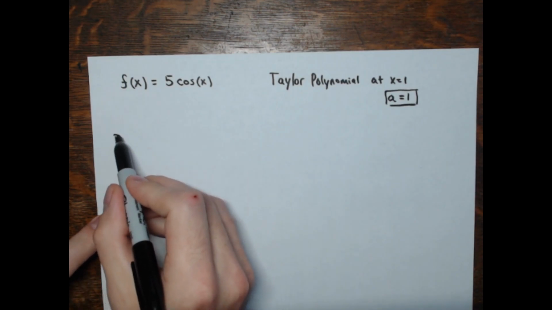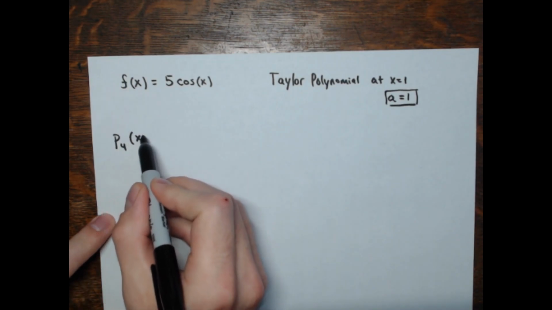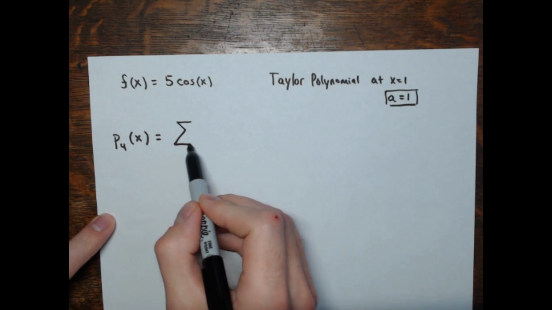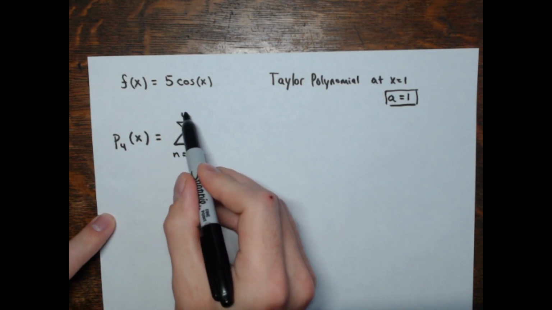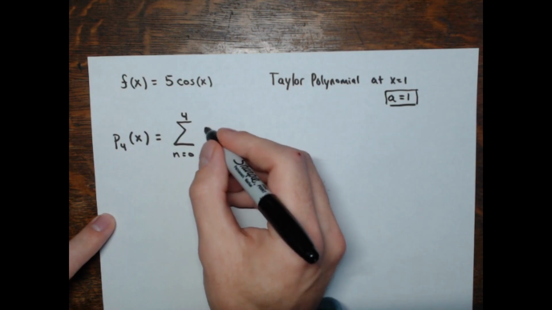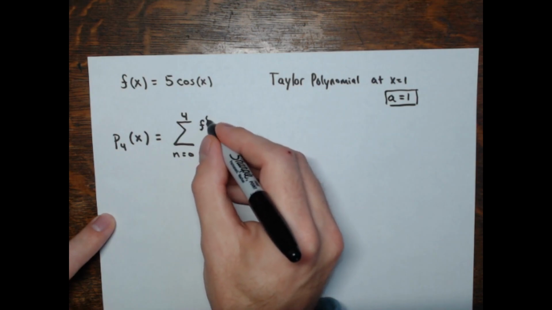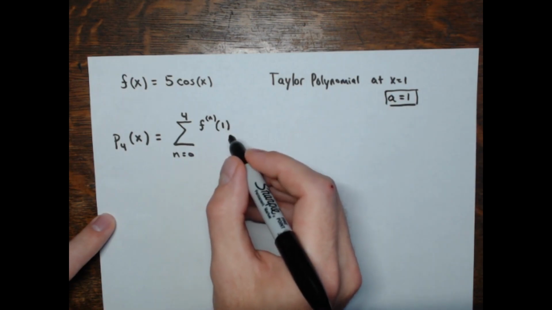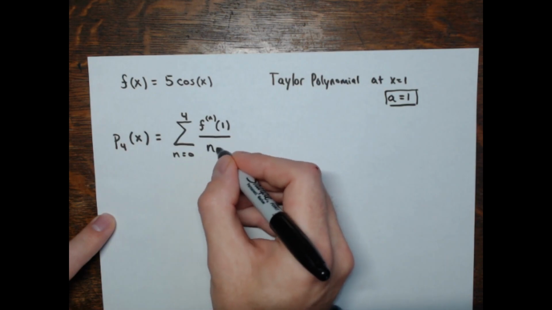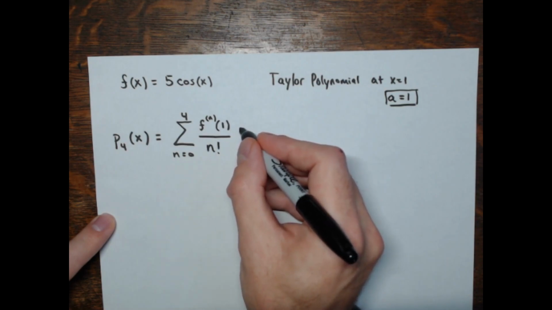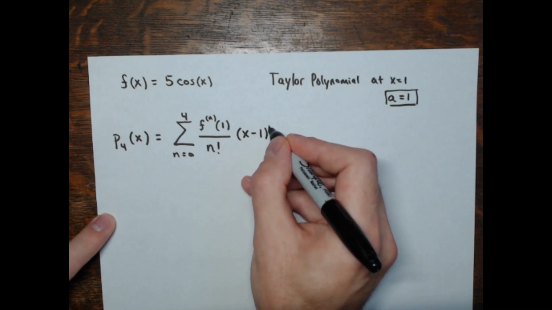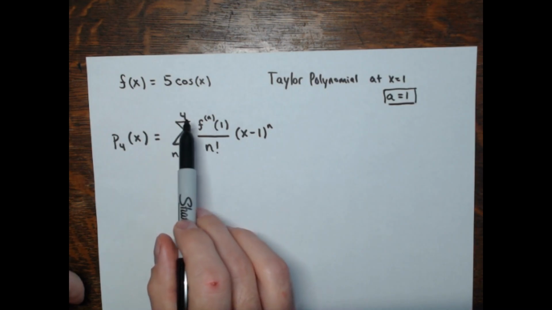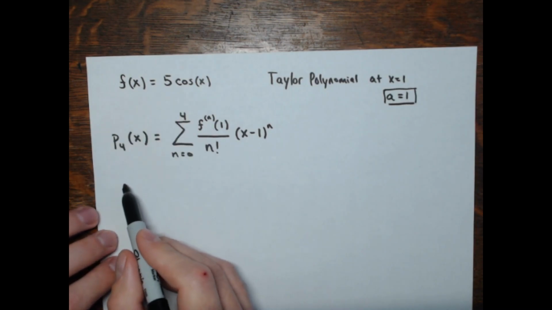Now the fourth Taylor polynomial, P4 of x, remember that's just the sum from n equals 0 to 4 of the value of all the derivatives at a, so at 1, divided by n factorial, times x minus a, x minus 1, to the n. So I need all these values up to 4, so we need up to the fourth derivative again.